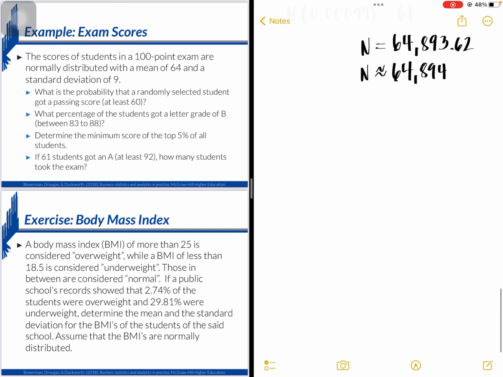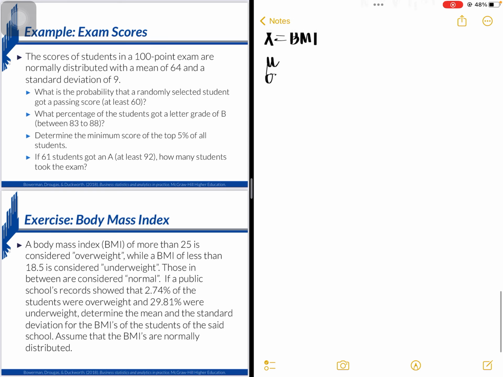So again, in this problem, X refers to the BMI, and we don't know the mean and the standard dev, and that's basically what the problem is asking for. We need to solve for the mean and the standard dev.